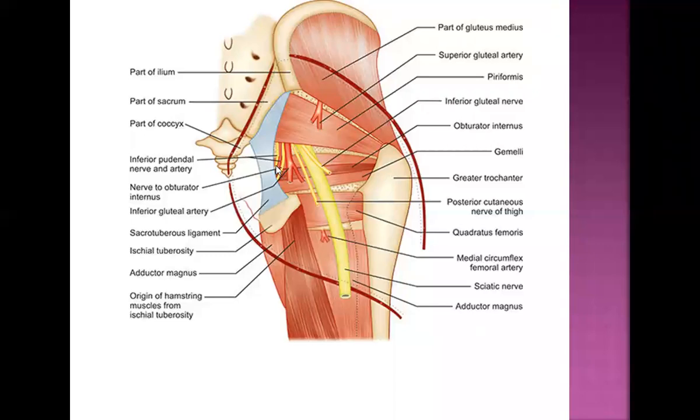So these PIN structures will be medial most in the gluteal region. We'll see how that is. One more nerve I want you to learn is this nerve, which is medial to the sciatic nerve. This is called the posterior cutaneous nerve of thigh, or it's also known as the posterior femoral cutaneous nerve.